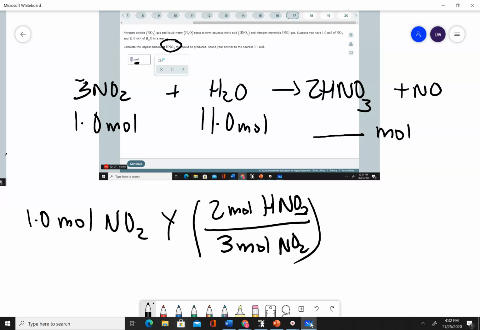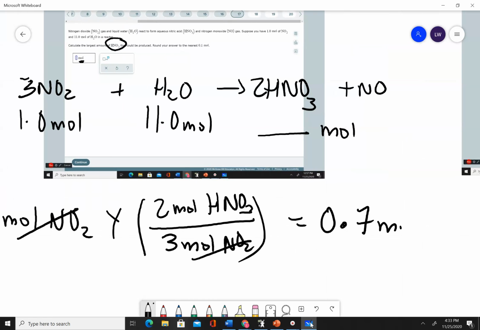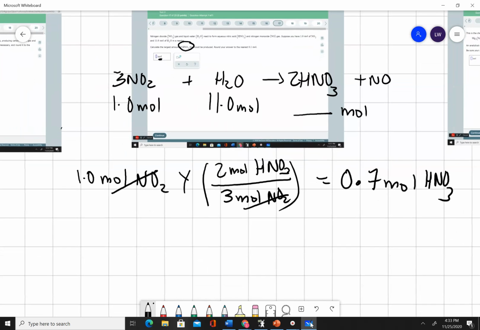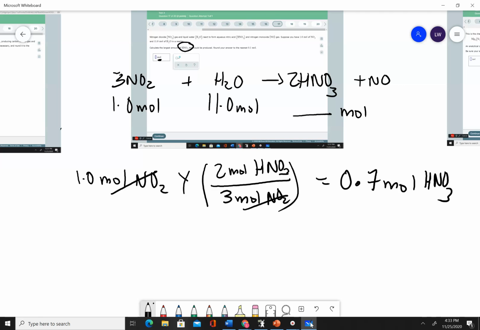So what do I get now? Moles of NO2 cancel out, and I've got 1 times 2/3, so that would be 0.7 moles of HNO3 if I reacted all of my NO2. That's all I would get, 0.7 moles if I reacted everything.